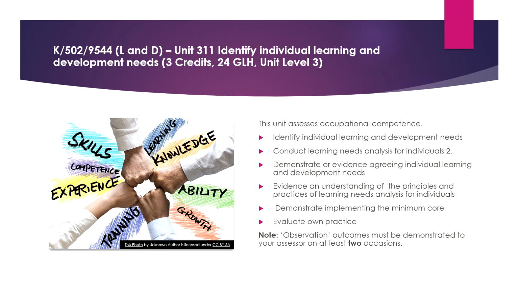So your managers will be looking at the records that you have kept for your learners, how you identified individual learning needs and their development needs, how you conducted the learning needs analysis for your learners, how you evidenced agreeing with individual learners, how you evidenced an understanding of the principles and practices of learning needs analysis, and then how you implemented the minimum core, and also how you evaluated your own practice. So they need to see that an observation will be done to demonstrate at least this on 2 different occasions.